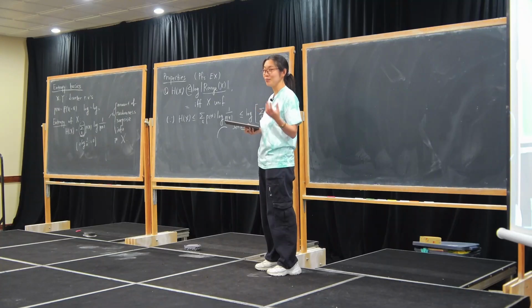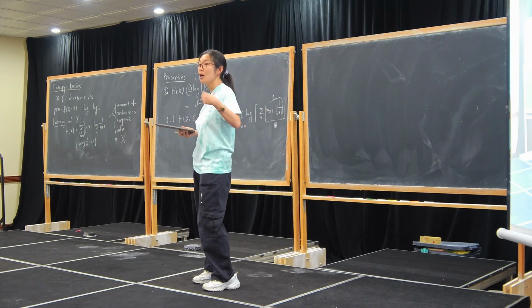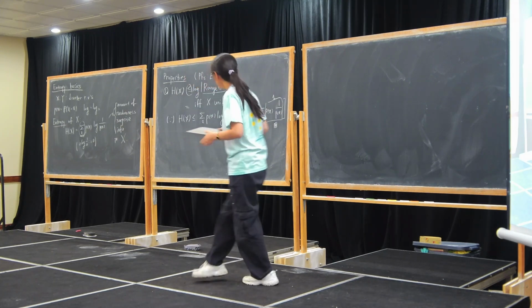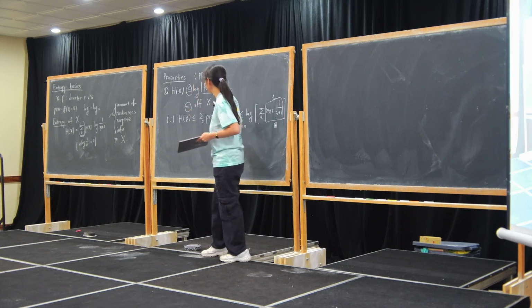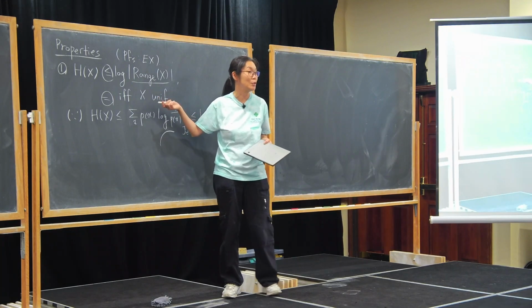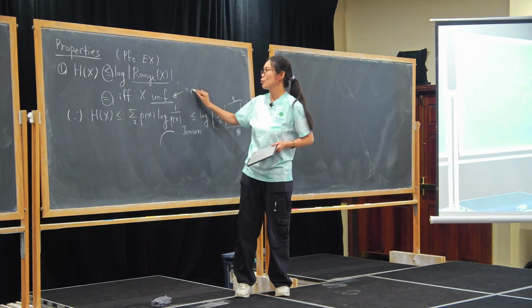Intuitively, we can say that the second one has more randomness. And also the equality is achieved when x is uniformly at random, and we can say that the uniform distribution is the most random.